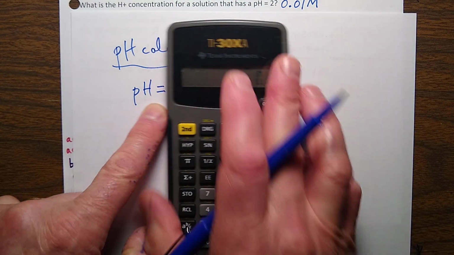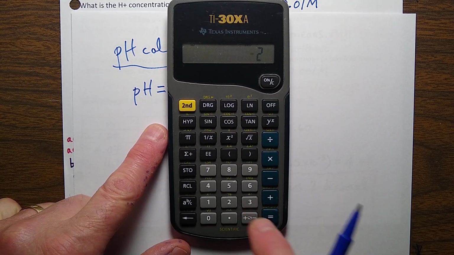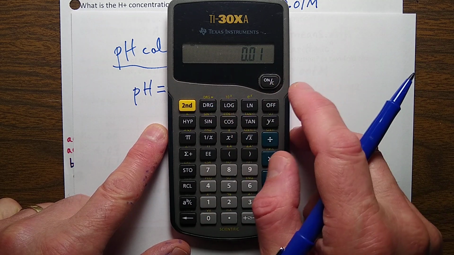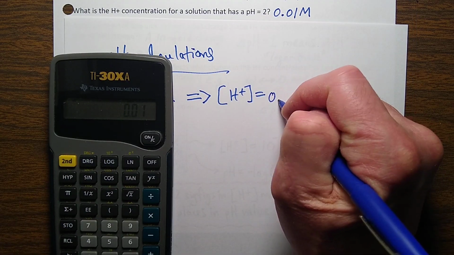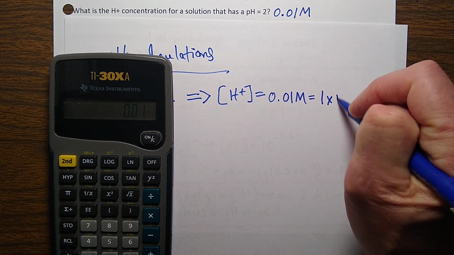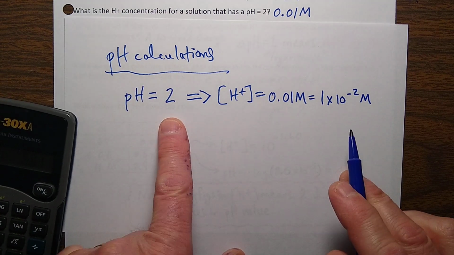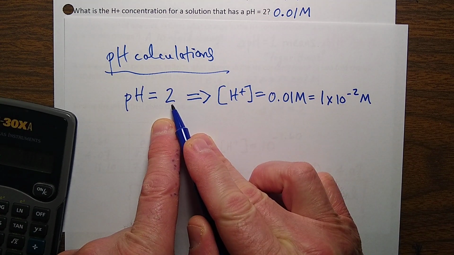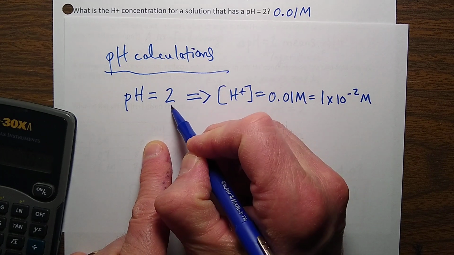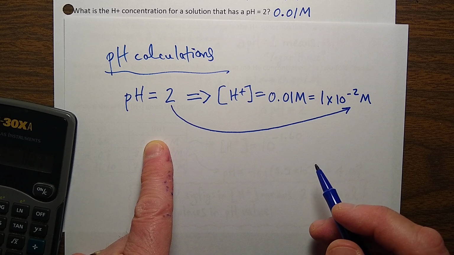You take the pH of 2, but you take the opposite of it, enter -2, and then press second log, and you see 0.01, which is the same thing as saying 1 times 10 to the -2 moles per liter. So you can see the pH, when it's an integer value, becomes the negative power of 10.